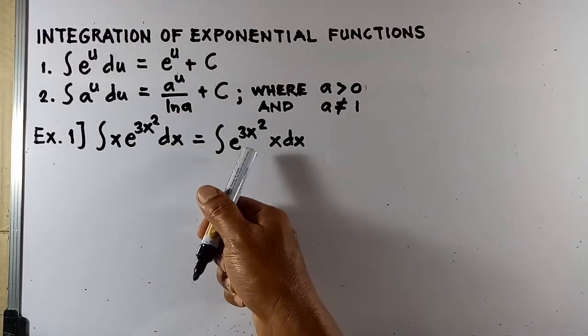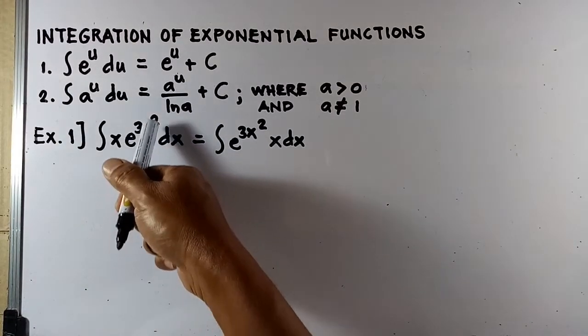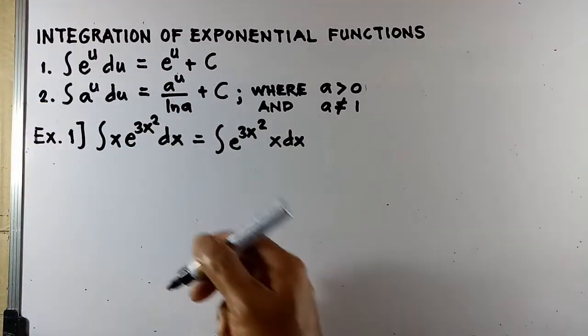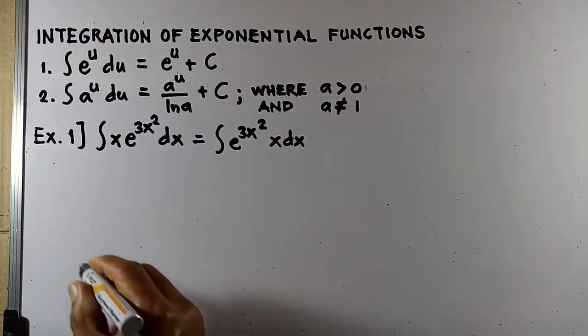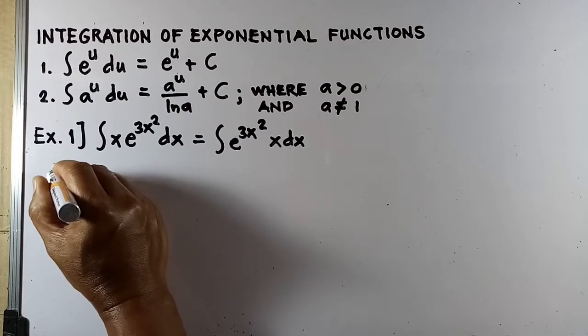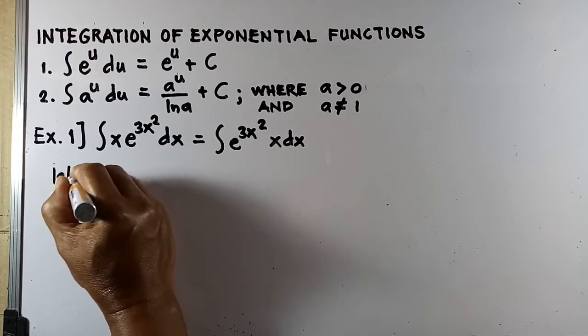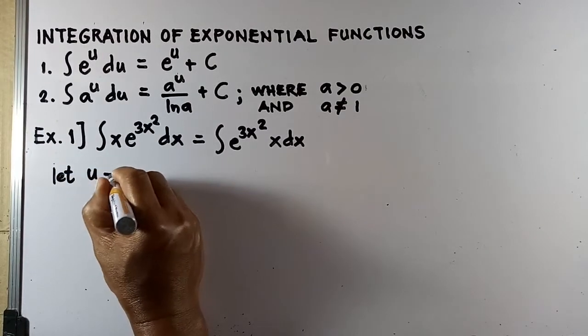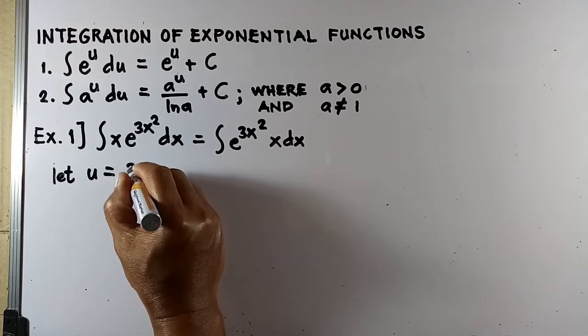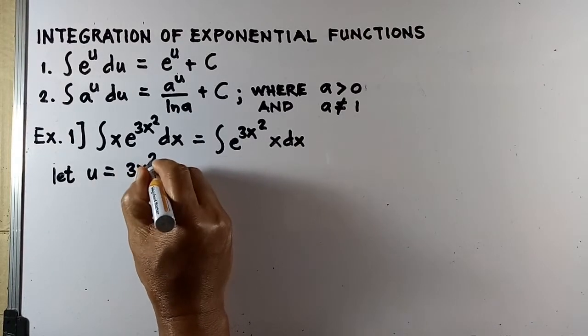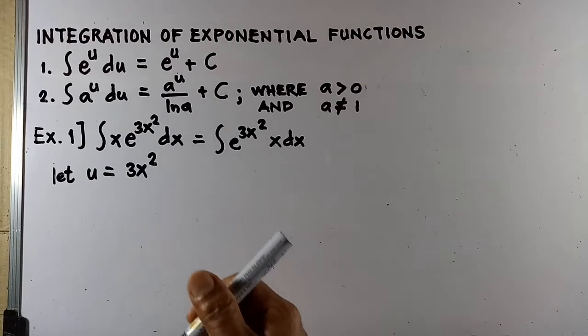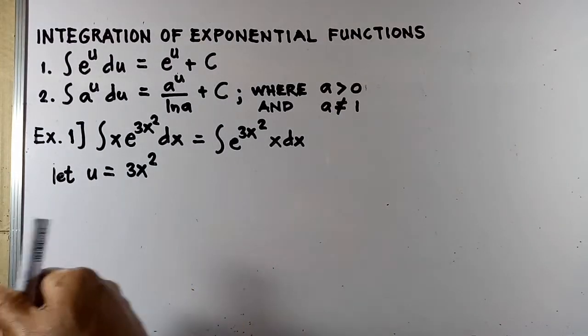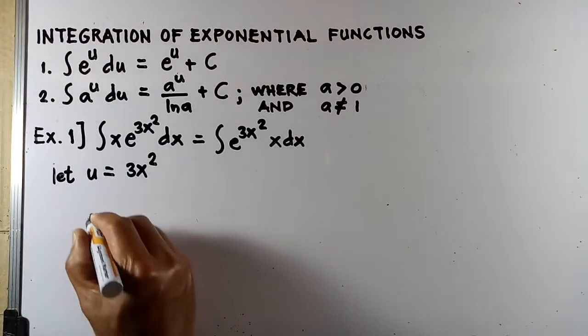So, dito sa topic na ito, ang ile-let u natin ay yung exponent ng e, 3x squared. So, let u equals 3x squared. Kaya rin nun, kukuha tayo ng derivative both sides, in differential form.